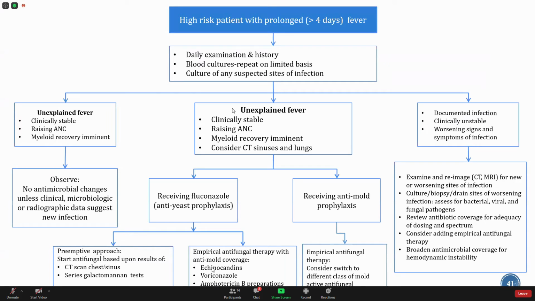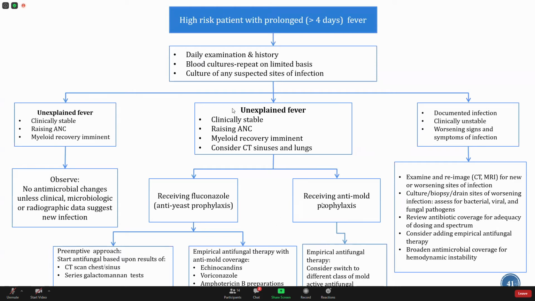Particularly, we'll go with caspofungin in this setting. Typically, ALL patients are the ones receiving anti-yeast prophylaxis, and AML-MDS patients are on anti-mold prophylaxis. So the principle is that if they are on fluconazole, you can give them caspofungin, voriconazole, or amphotericin B products.